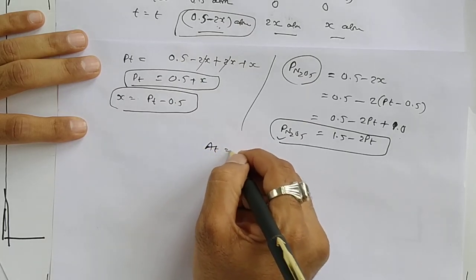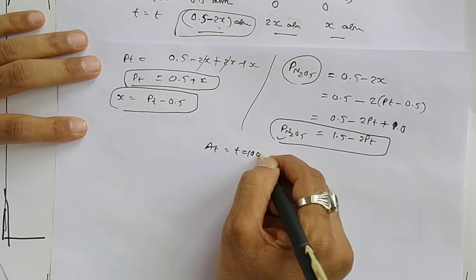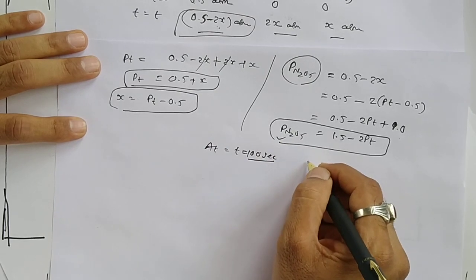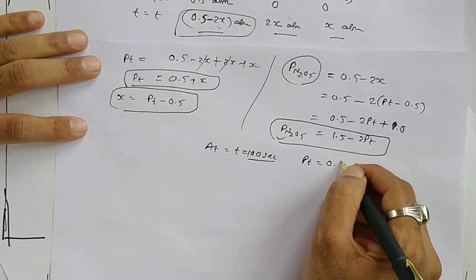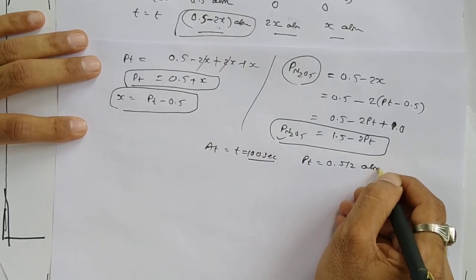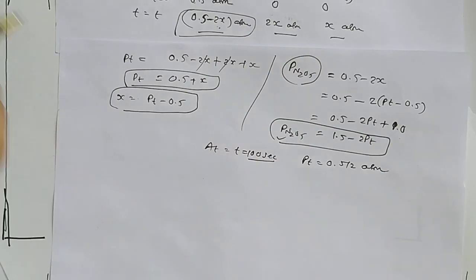So now at t equal to 100 second, total pressure is 0.512 atmosphere, given. So with the help of it we can derive.